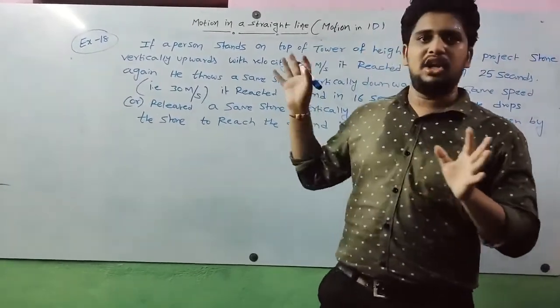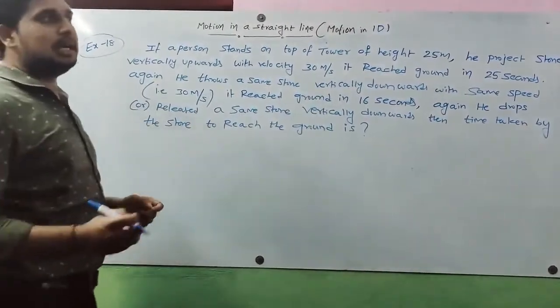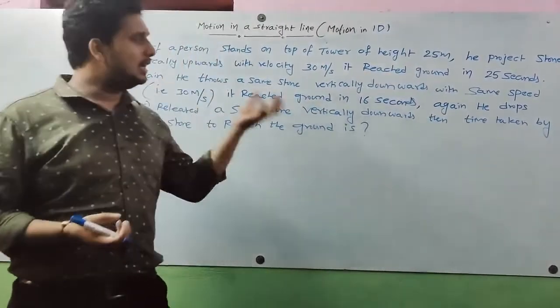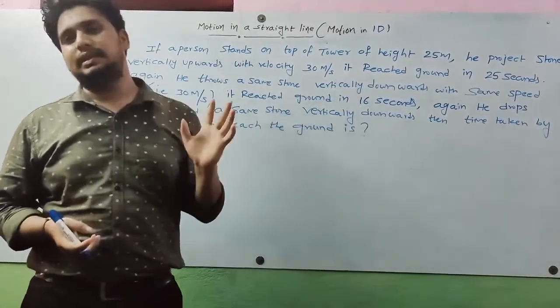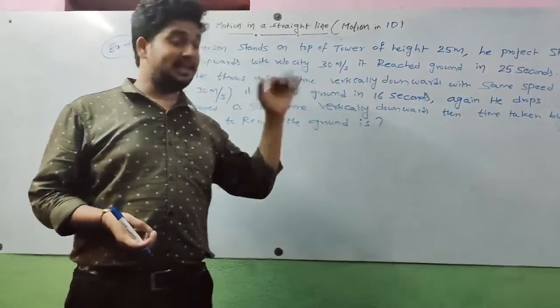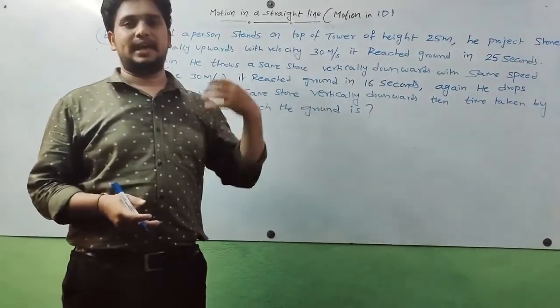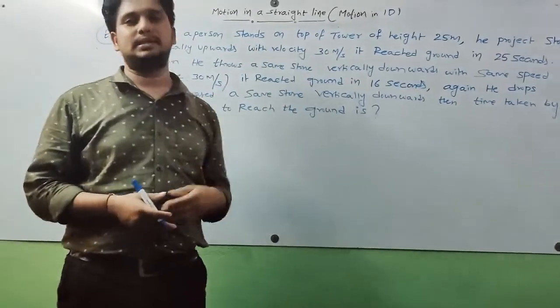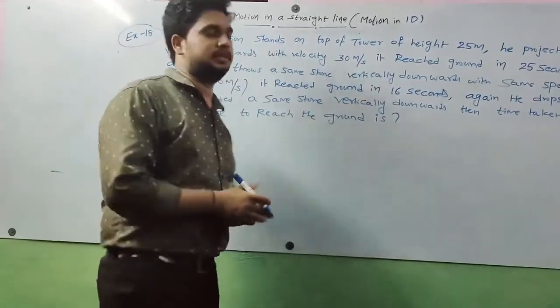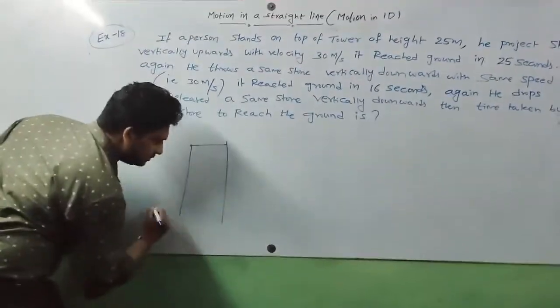This question looks very lengthy, but calculating the answer is very easy. Within 1 minute, I solve this question by applying a simple shortcut. What is given? A tower is there.